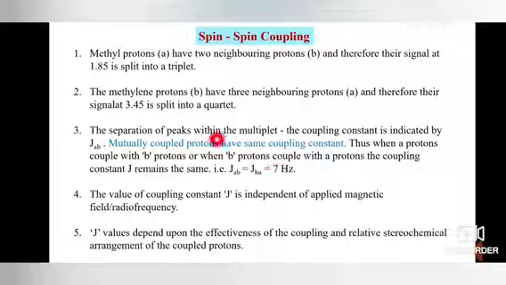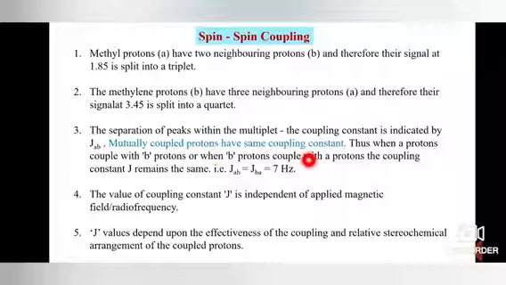The methyl protons have two neighboring protons, and therefore split into a triplet, which appears at 1.8 delta, while the B protons have three neighboring protons, and therefore the signal at 3.4 delta splits into a quartet. The separation of the peaks within the multiplet is nothing but a coupling constant indicated by JAB.